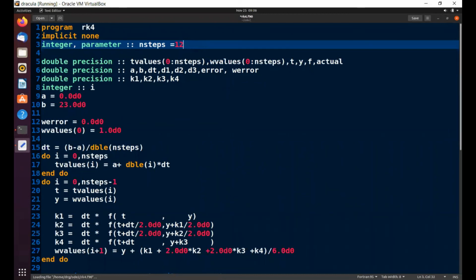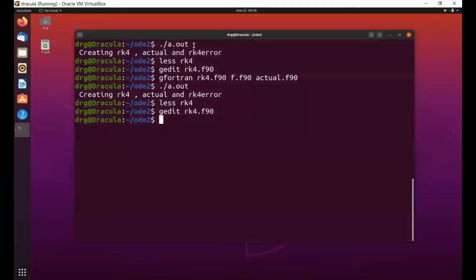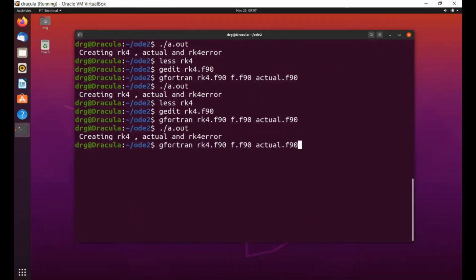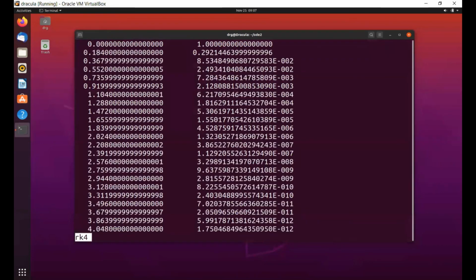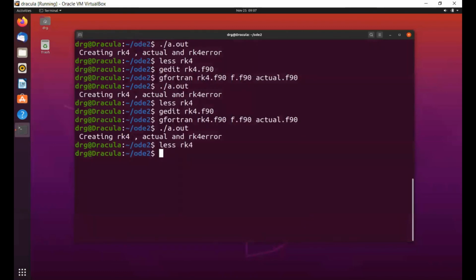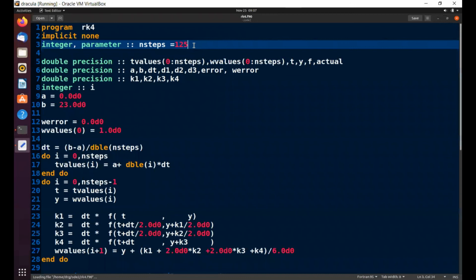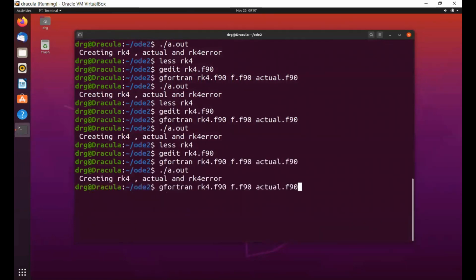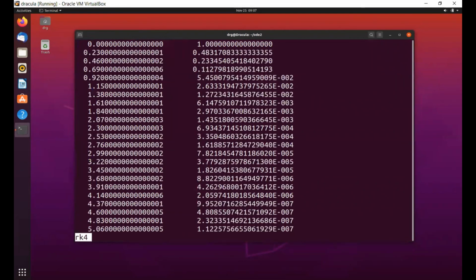How about 125? Still, no problem. Maybe it's possible that this RK4 method is good no matter what the number of steps is. Let's try 100. Everything is still good.